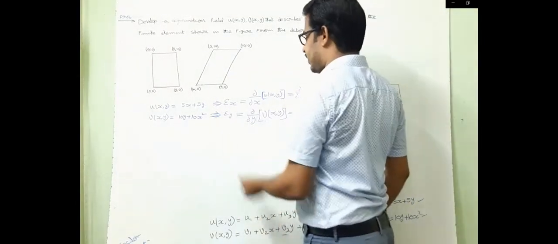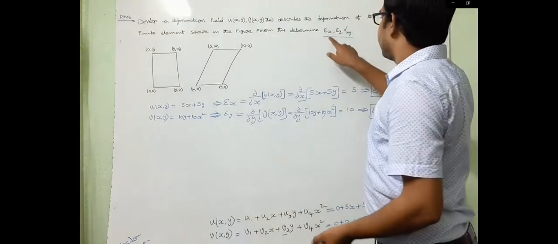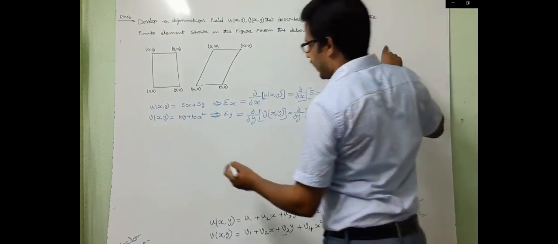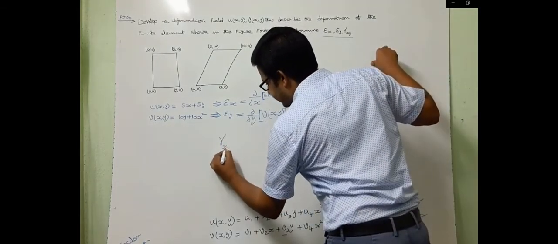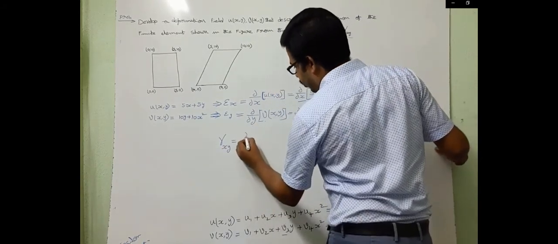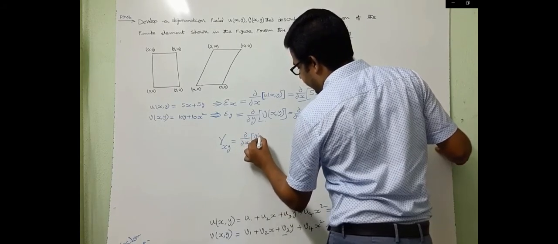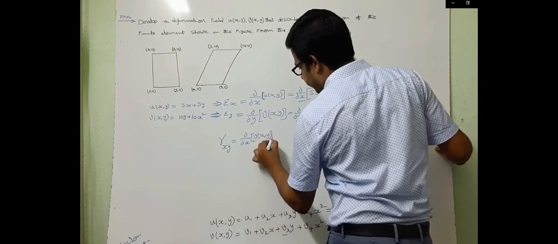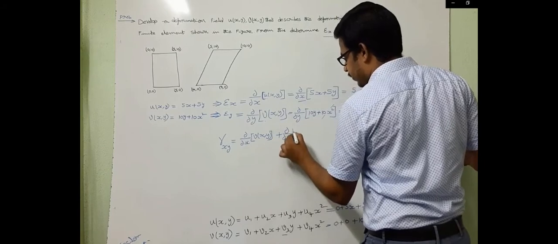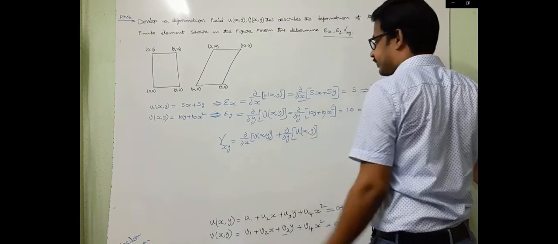So here we have epsilon x and epsilon y. After that we need to calculate gamma xy. So what is the value of gamma xy? Dou by dou x of v of x comma y plus dou by dou y of u of x comma y.